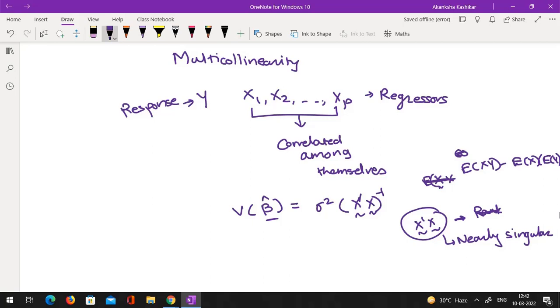Because you know that if all the rows and columns are independent of each other, then it's a full rank matrix. If some rows or columns become linearly dependent on others, then the rank gets reduced. This much everyone knows from linear algebra, that if one row is a linear combination or multiple of some other rows, then the rank is reduced.